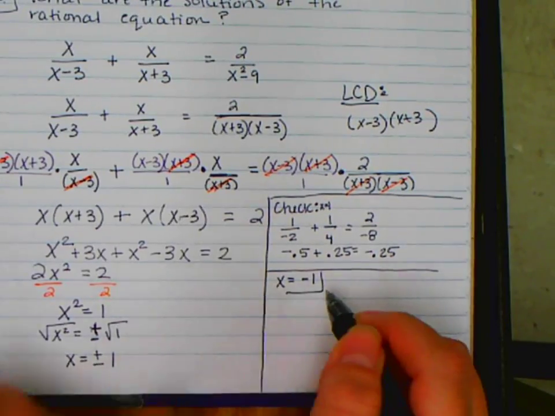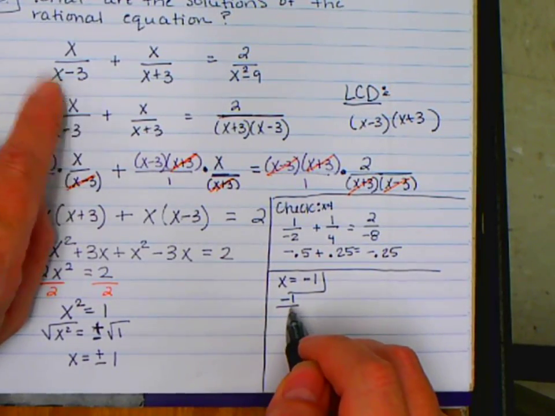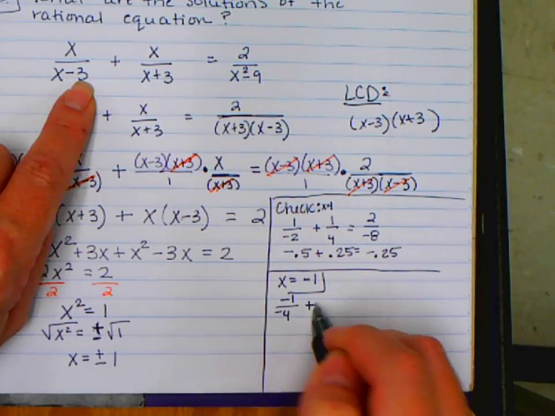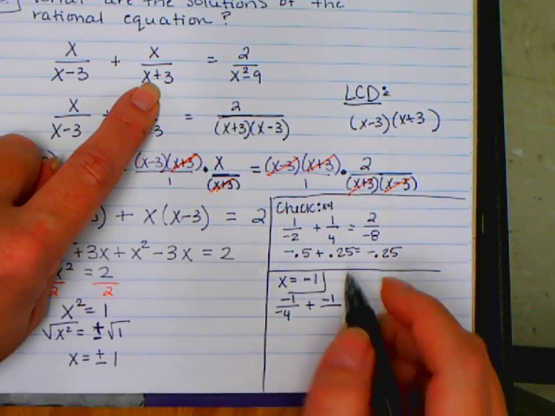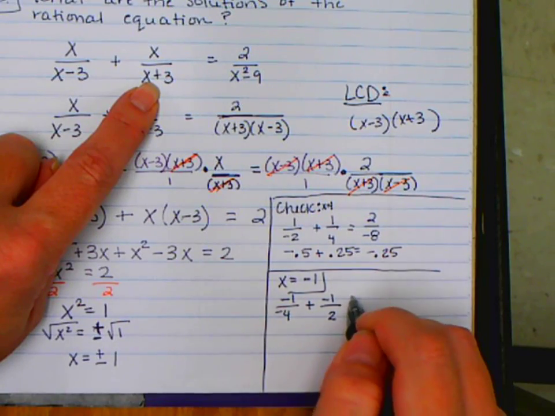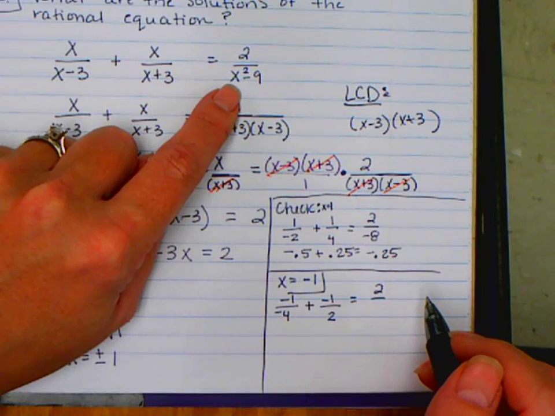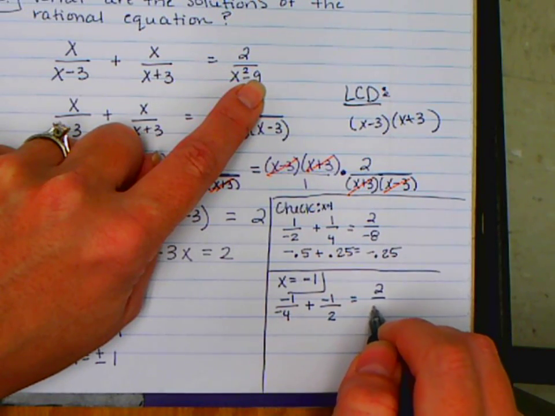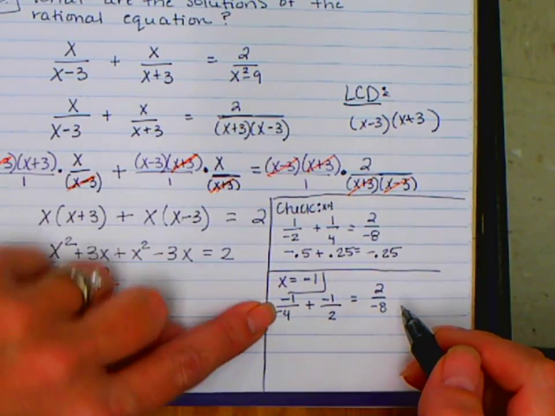So let me plug in a negative 1. So that's going to be negative 1 over, what's negative 1 minus 3? Negative 4, plus negative 1 over negative 1 plus 3, which is 2, equals 2 over negative 1 quantity squared, so positive 1 minus 9 is negative 8. All right, over here, negative 1 divided by negative 4, that's a positive.